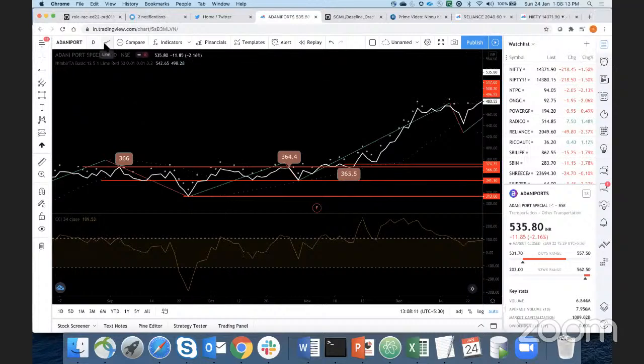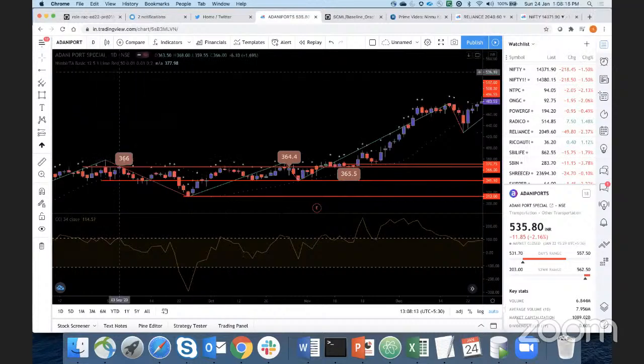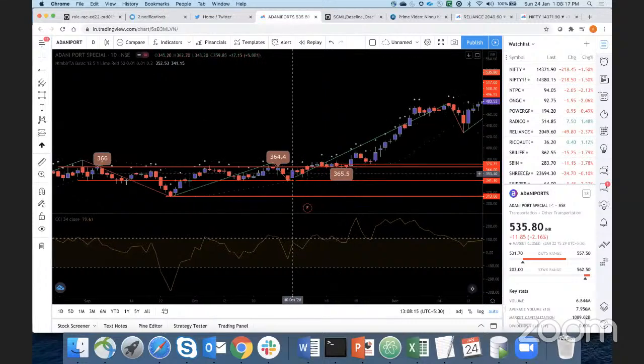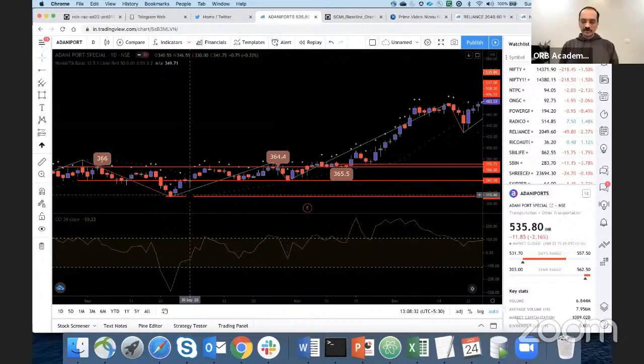So if you look at over here, I'll go on to candlesticks. So here, this is a breakout. Based on this previous swing low, this one is low around 341. So we can take 341 minus 2.28%, so it will be around 335. That is the stop loss, right?